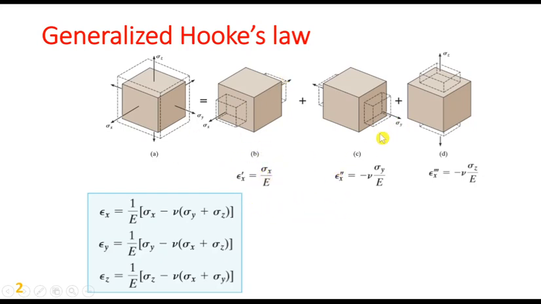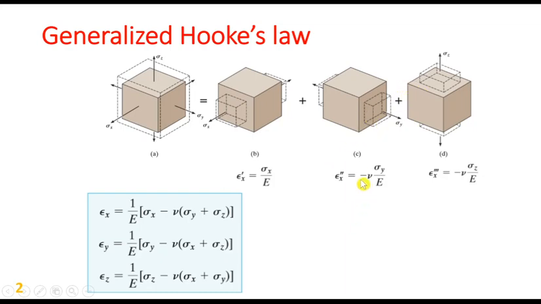So what will be the effect of sigma y along the x-axis only? That will be epsilon x double prime, due to the second stress sigma y. Elongation is only along the y axis, so along the x-axis there will be a contraction.